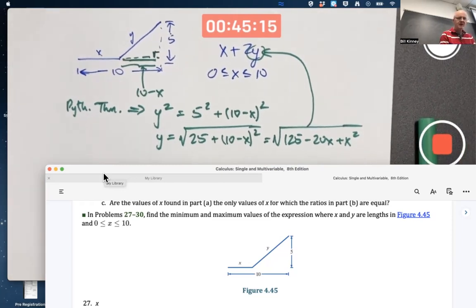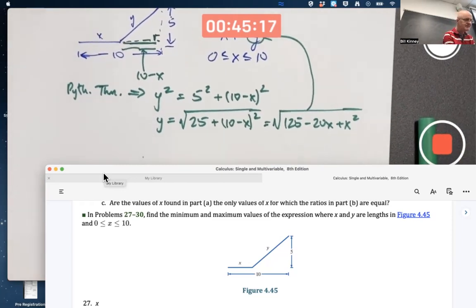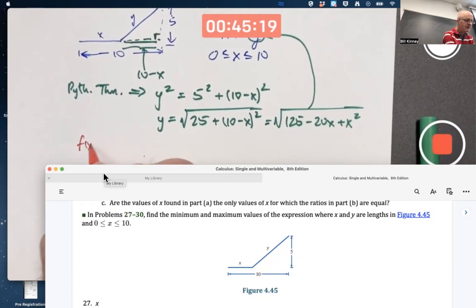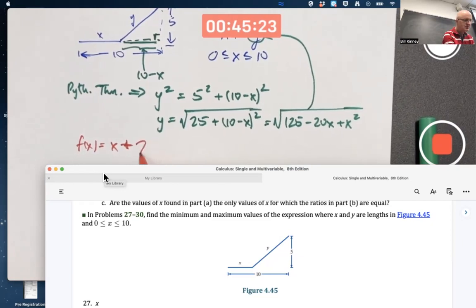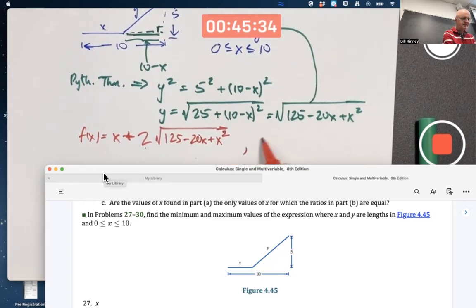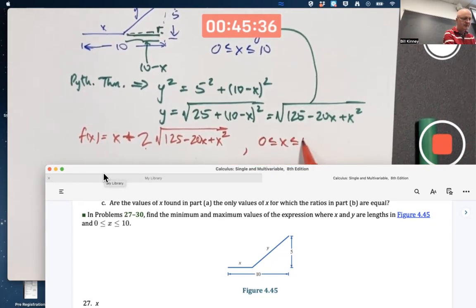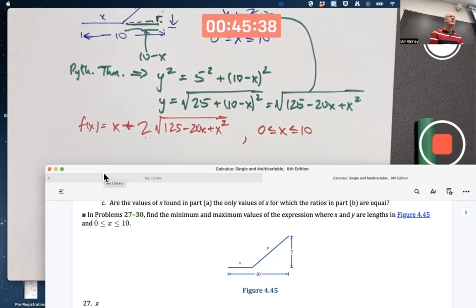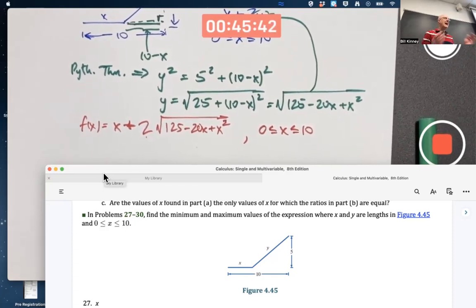So because of that, the function we want to maximize and minimize is f of x equals x plus 2y, x plus 2 times the square root. I'll go ahead and use the expanded versions, but again, it's not a big deal either way. And the interval is 0 to 10. This is a closed interval, so we will have to figure out the critical points and plug in the critical points and the endpoints into the function to see which gives us the minimum and the maximum.